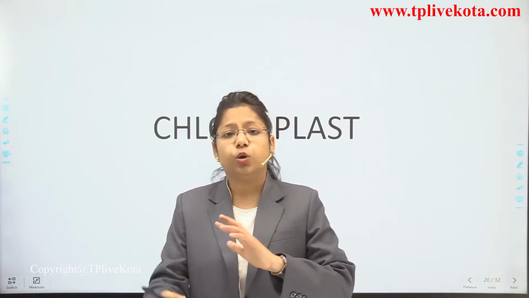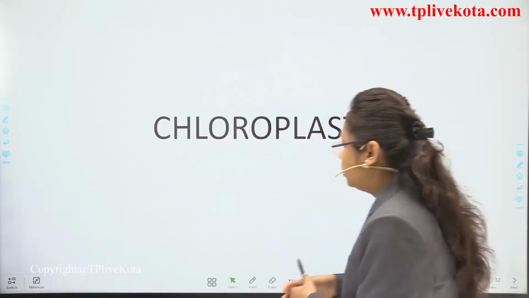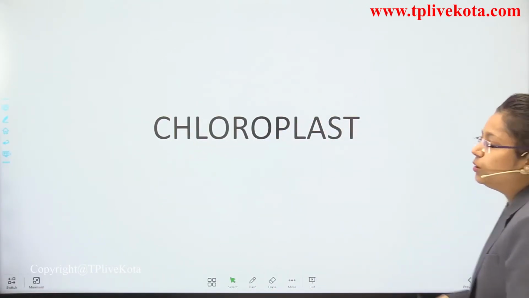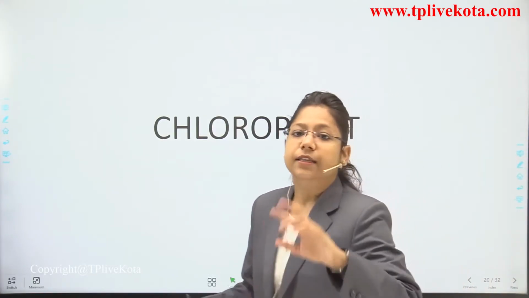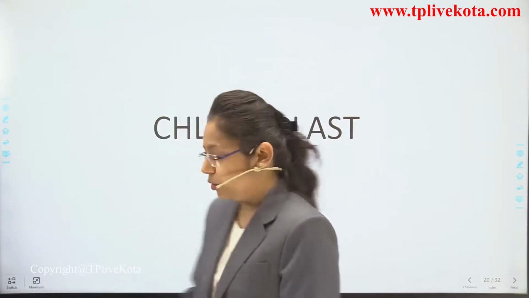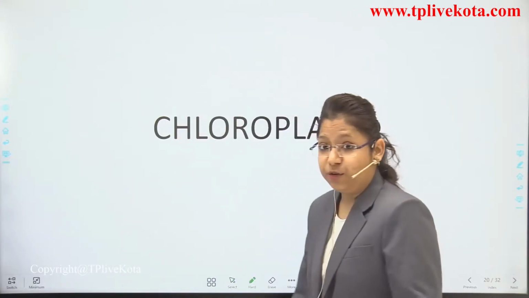What is the chloroplast, students? The chloroplast contains the chlorophyll pigment, which is used for the process of photosynthesis, by which plants make their own food. So you know it very well. Now I am going to start the video of the chloroplast, and you have to observe its two basic components.